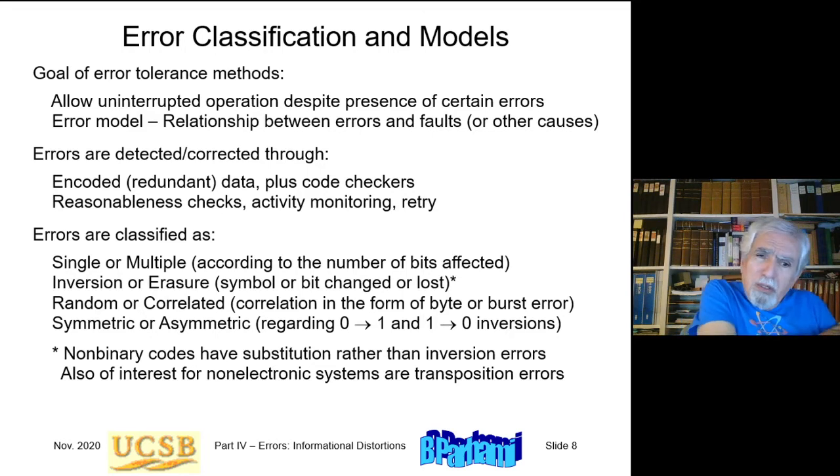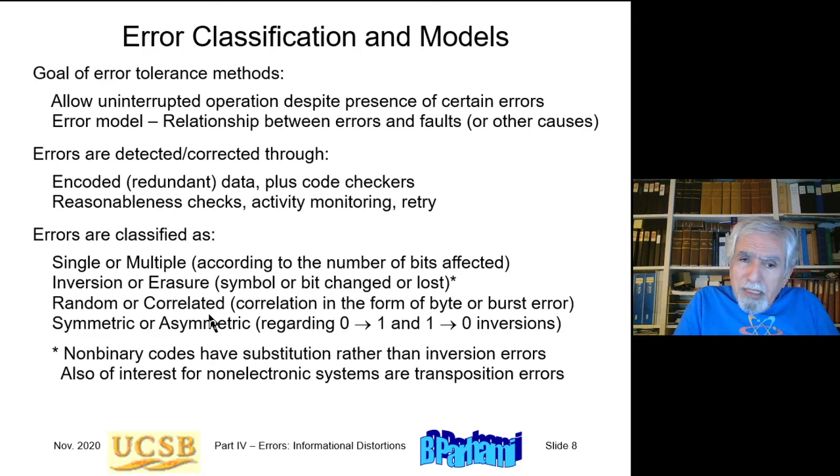So you know that there was a symbol here, but you don't know whether it was 0 or 1. It was erased. An example of this would be if you receive a voltage level that is not between 0 and 1 levels, and you can't tell whether it was 0 or 1 with certainty. You may be able to tell that this is more likely to be 1 than 0, but if you want certainty, those intermediate voltage levels are basically erasure errors.